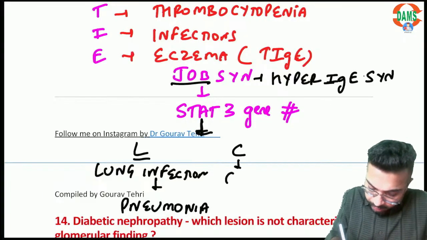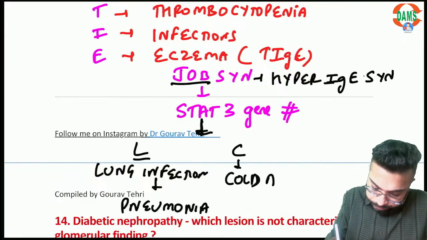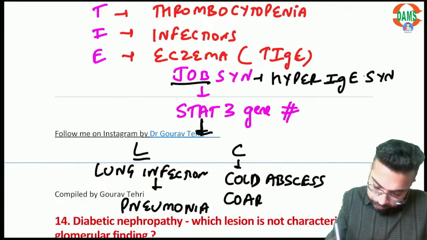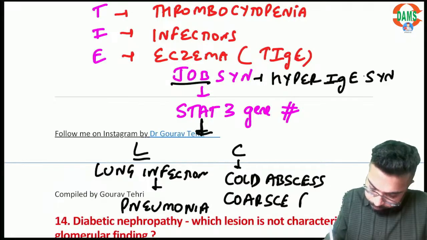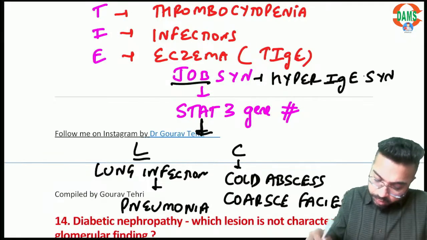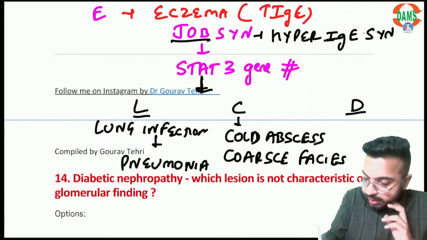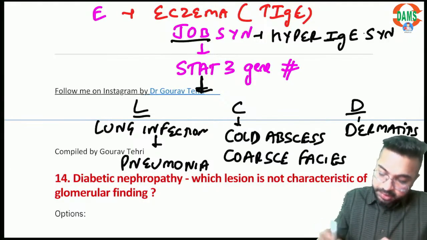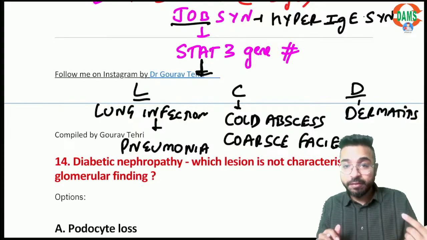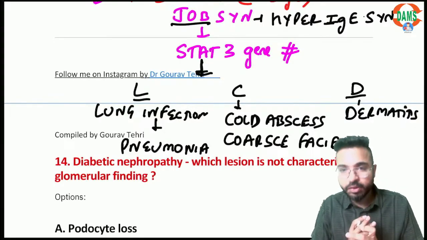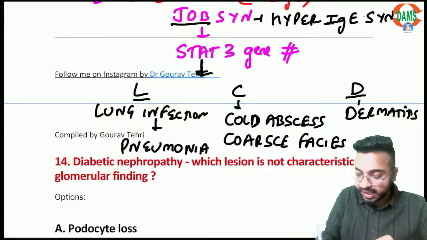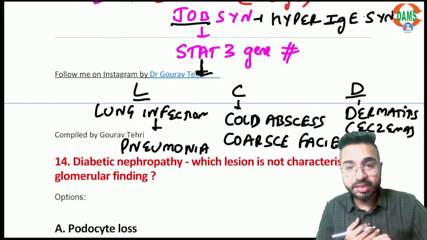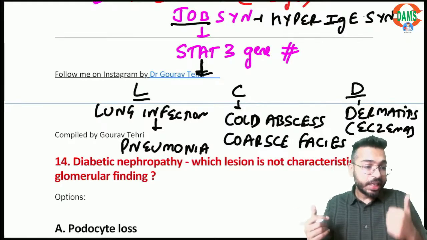D for dermatitis or eczema. So the clinical features are similar to Wiskott-Aldrich syndrome: there is dermatitis, there is eczema, there is increased IgE. So cold abscess, coarse facies and the gene will help you differentiate.